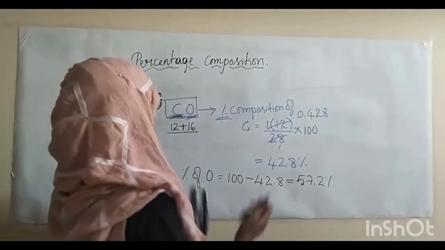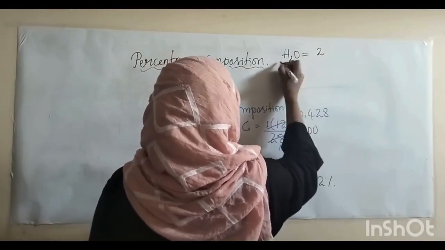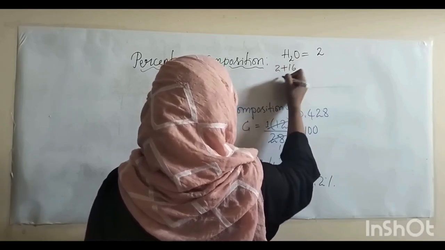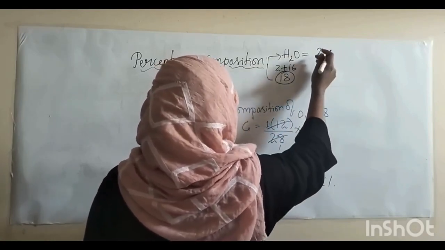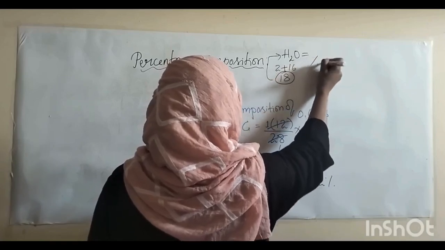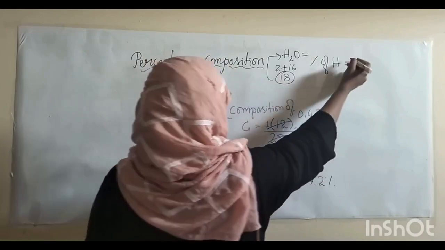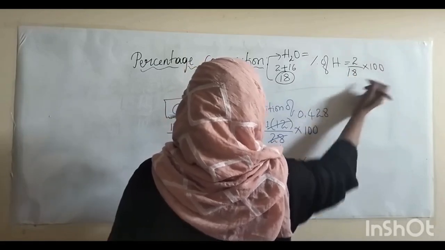Now you can also check for H2O, where it is 2 plus 16, 18. The mass of water is 18. So the percentage of hydrogen: there are 2 hydrogens, so 2 by 18 into 100.